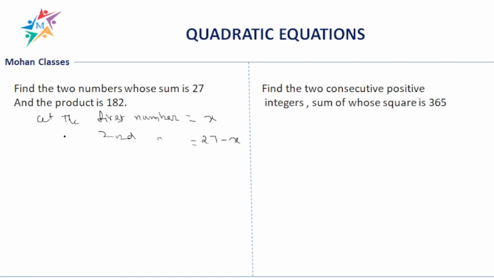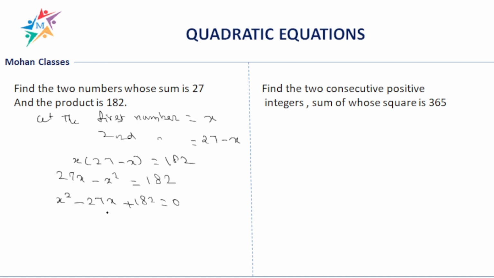The product is 182, so x(27 - x) = 182. That means 27x - x² = 182. Now I am going to send these two to the right hand side. So what will happen? x² - 27x + 182 = 0.